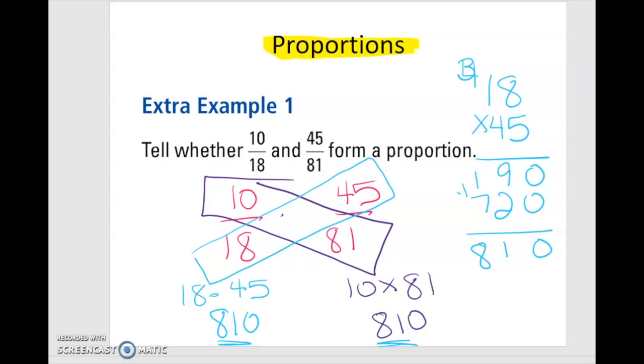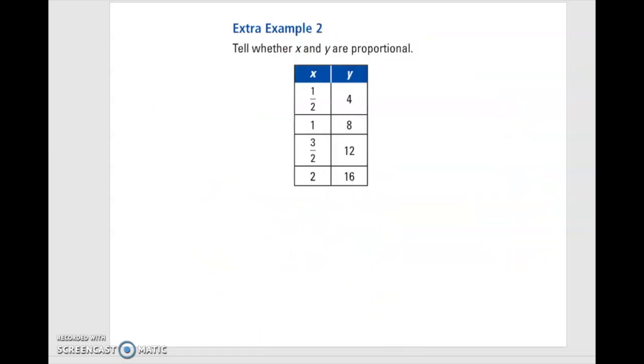Now we can also check ratios that are in a chart to see whether or not they're proportional. We've got a table of values, and our ratio is comparing X to Y. I can pull any ratio out of this chart. I could pull the first one, which would be 1/2 to 4.